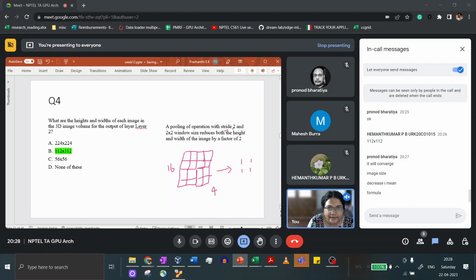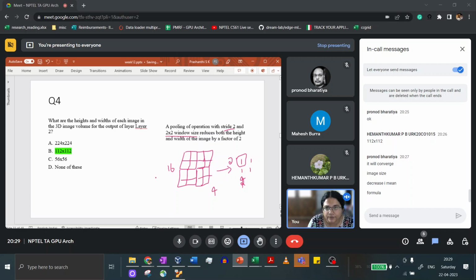So when the stride is equal to the window size dimension, it means that it is non-overlapping. So the pooling operation by definition means that you will get one value for every window, right? So how many windows do you have is essentially the question. You will have that many values, and if you're talking about the reduction, it reduces by a factor of 4, which is basically the product of this, right? Or the other way of putting it is it reduces by a factor of 2 in one dimension and 2 in the other dimension.